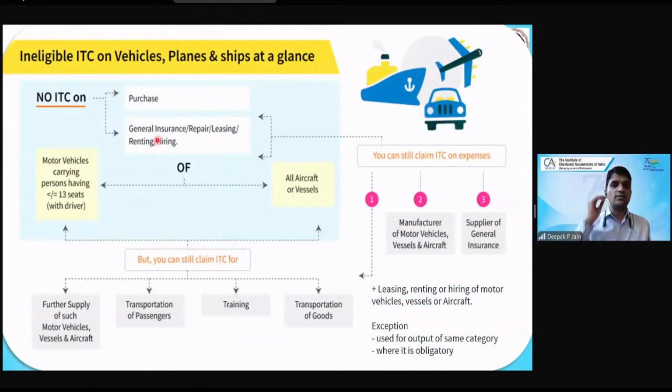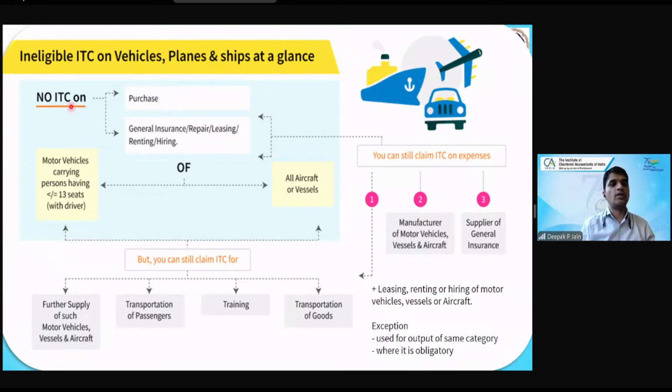The first of those block credits is any credit on purchase of vehicles, planes, and ships. So what credits don't you get? You don't get credit on vehicles, planes, and ships.